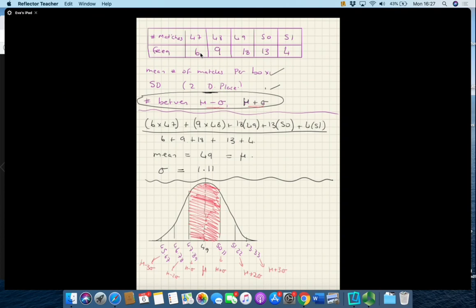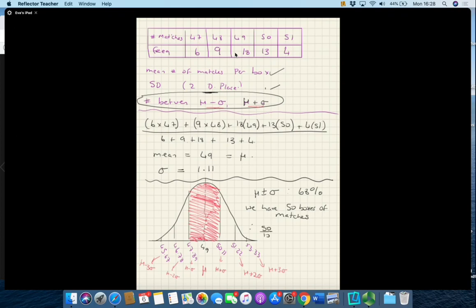If it was between 48 and 50, it would be really easy to tell. I'm up here at the table now because I would just add 9 and 18 and 13. But because of the decimal points, the 47.89, it's kind of hard to tell from the table. So the only way you have of really doing it is to know that mu plus or minus 1 sigma is 68% of the population, and we have 50 boxes of matches. Therefore we get 68% of 50 boxes of matches.